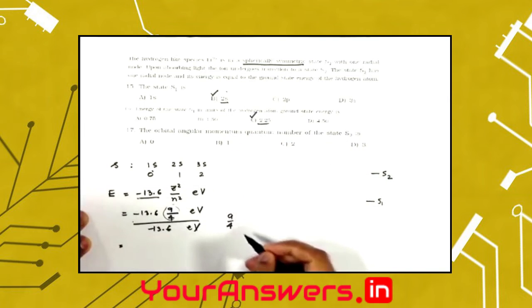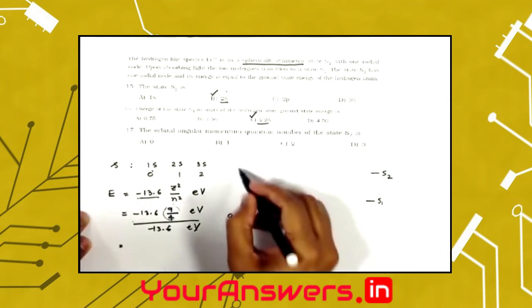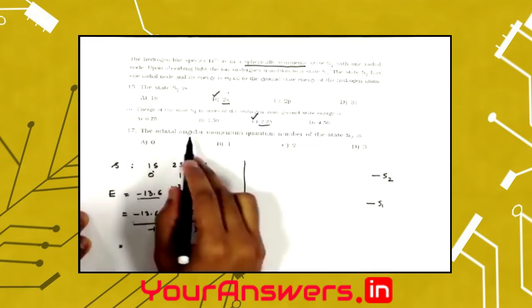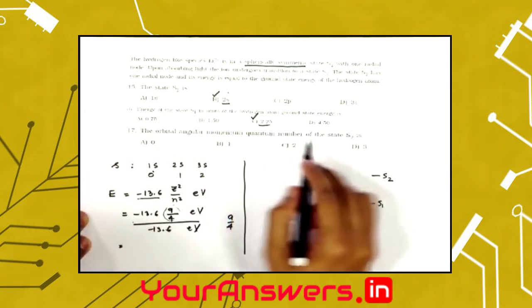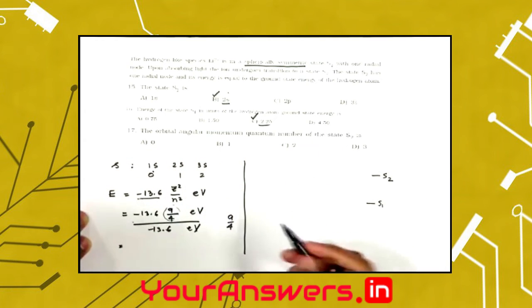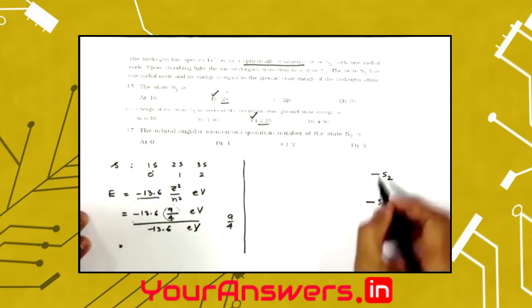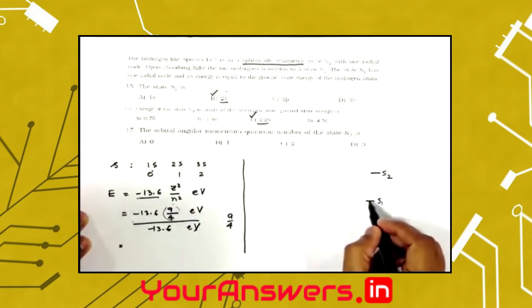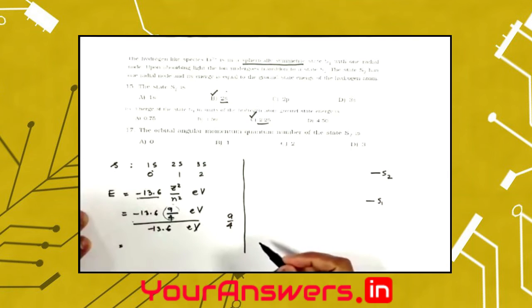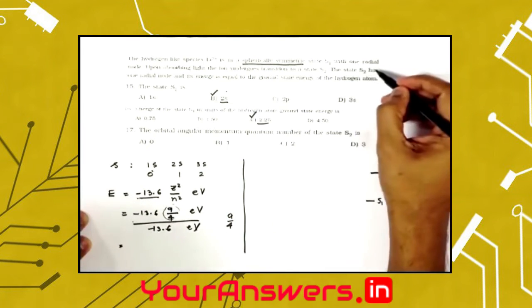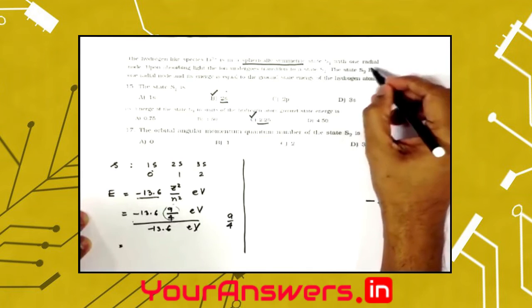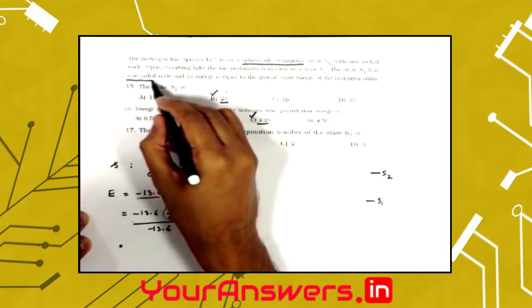This is the answer. The third question asks what the orbital angular momentum quantum number of the state S2 is. So it wants us to find the identity of the S2 state and its orbital angular momentum quantum number. What do I know about S2? S2 has one radial node, that's one piece of information.